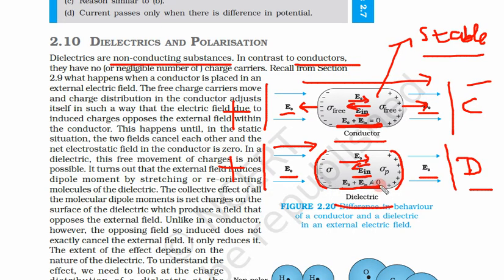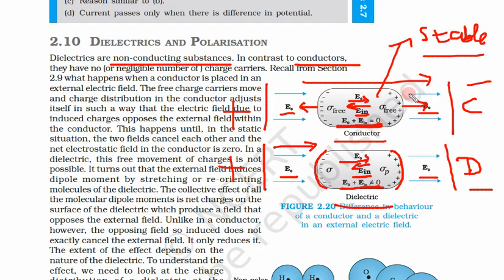There will be a non-zero field. And as you remember, this also proves the result that the electric field inside a conductor is always zero. How is this possible?